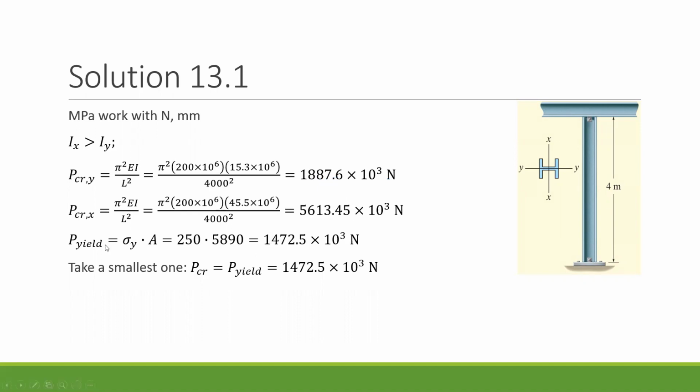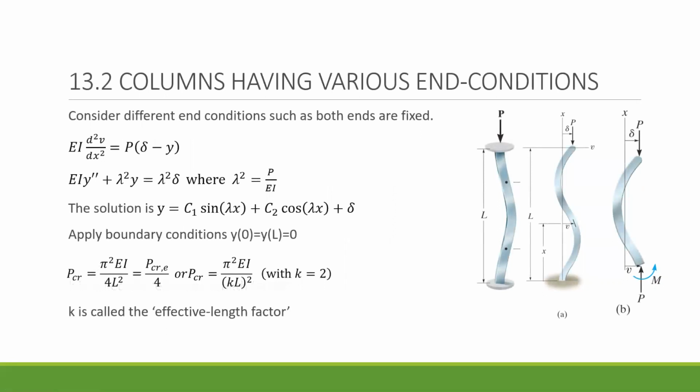As yield is the smallest, our critical force is equal to 1,472.5 kilonewton. So if you forget to compare with the yield force, sometimes we can get wrong results. In our questions, we always compare with the yield force.